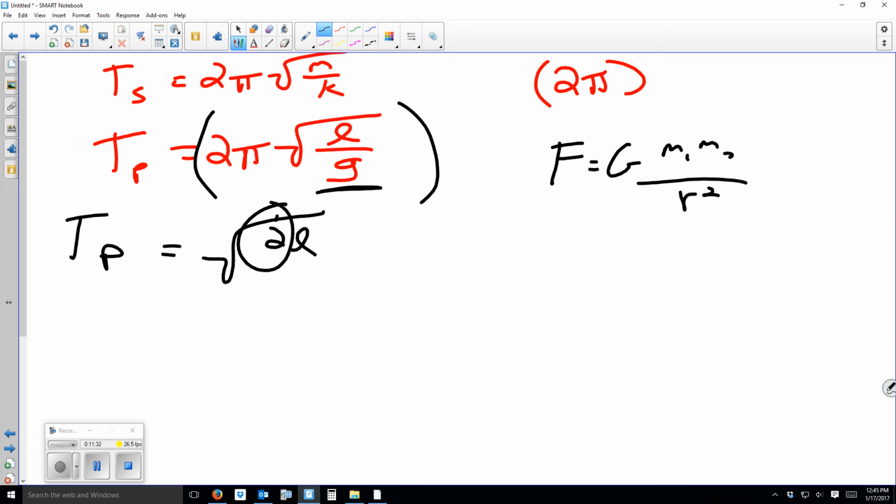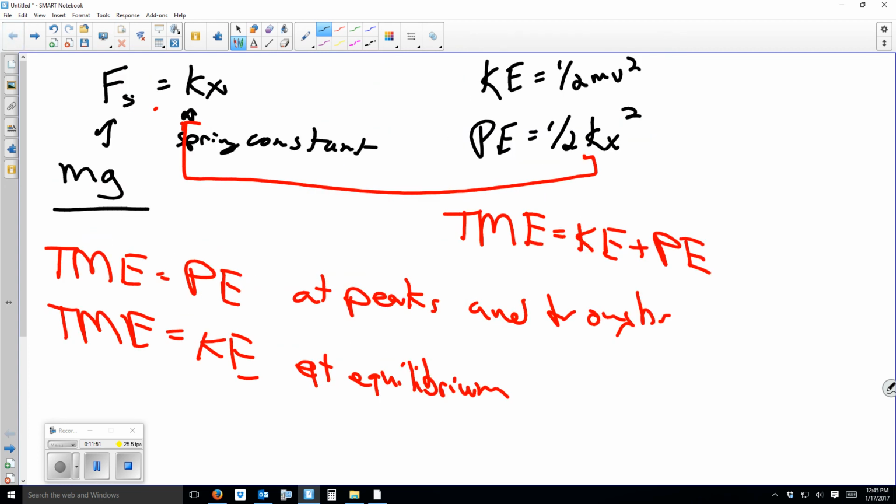So if I double the mass of a spring system, I only get the square root of 2 longer of a period. If we take a look back here at the equation for the potential energy, if I double how far I stretch a spring, I get 4 times as much energy because that x gets squared. I think there's a couple problems on there that deal with it.